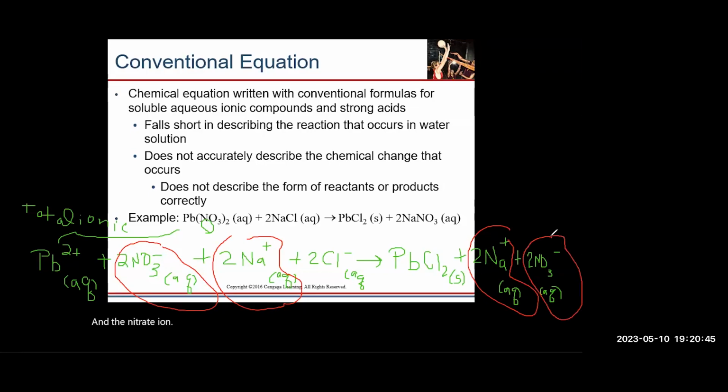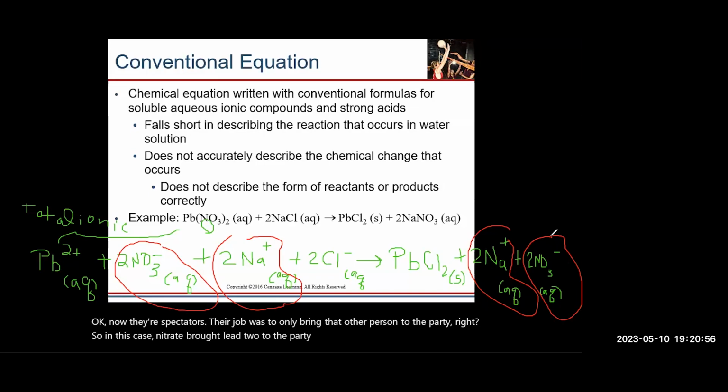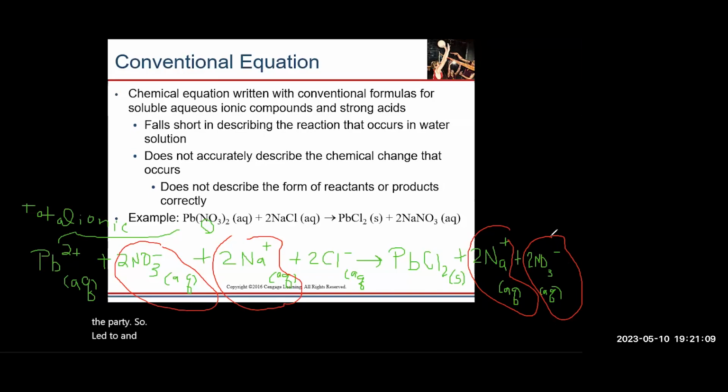Okay, now they're spectators. Their job was only to bring that other person to the party, right? So in this case, nitrate brought lead-2 to the party, and sodium brought chloride to the party, and lead-2 and chloride hooked up at the end of the party. So lead-2 and chloride are going to hook up, so they're going to be the net ionic equation.